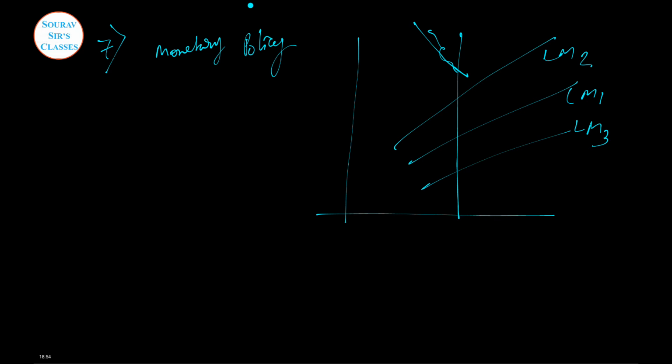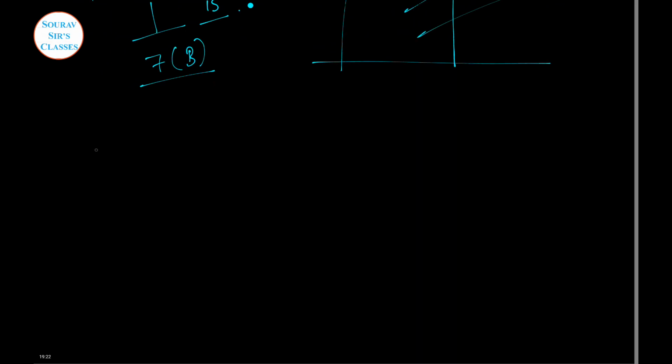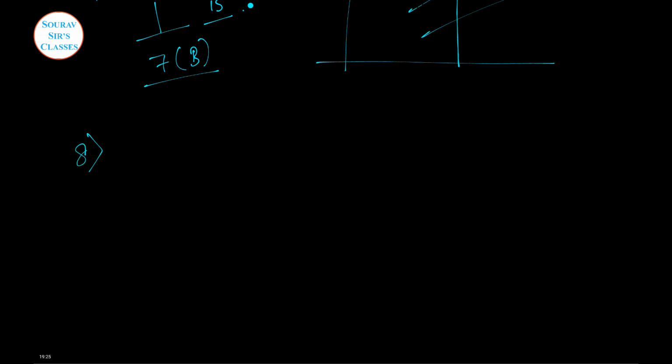Okay, so monetary policy is completely ineffective with a vertical IS. That's it. So we can see that the vertical IS curve is only given, luckily, in option number B. So very easily we can say the answer for this MCQ is 7B. You know, with this MCQ, cracking the ISI becomes relatively easier for you now, because in most of the cases you don't have to explain why.